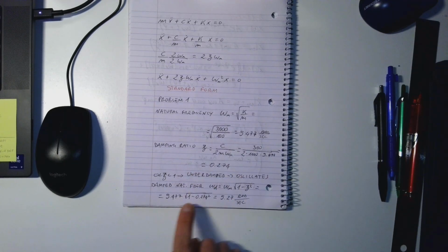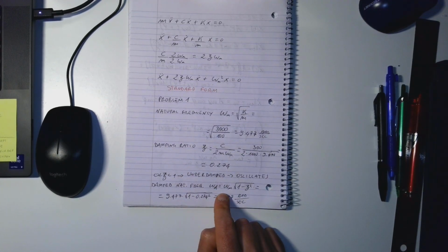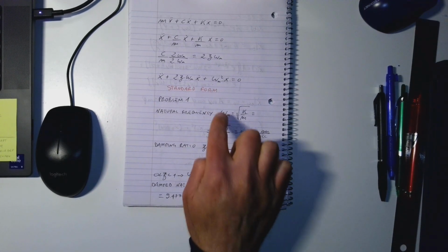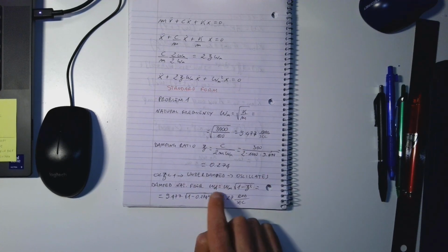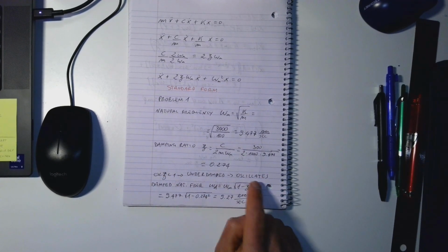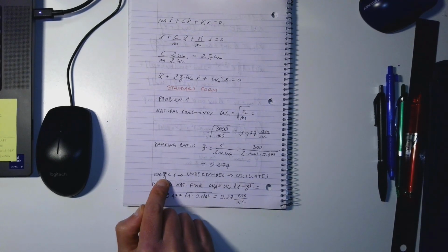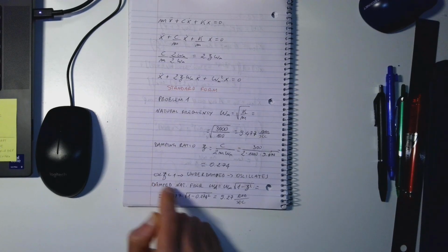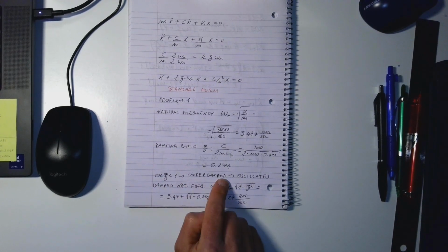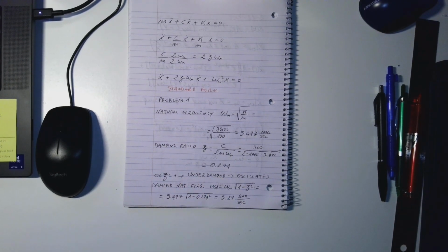For these quantities, we simply applied the equations for omega n, zeta, and omega d. To determine if the system is underdamped, overdamped, or critically damped, we simply need to look at the value of zeta, the damping ratio. Since it is between 0 and 1, the system is underdamped, which means that it actually oscillates.